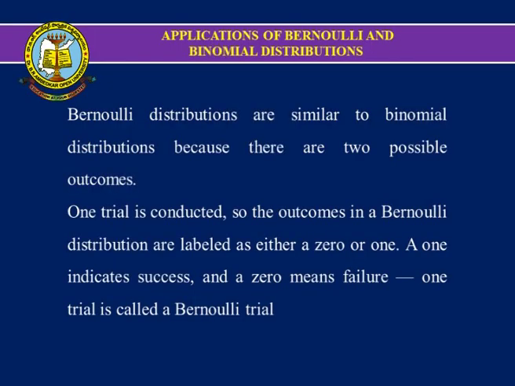Coming to the first one, Bernoulli distribution. What does Bernoulli distribution mean? Bernoulli distribution has only two possible outcomes, success and failure. We can represent them numerically: success is 1 and failure is 0.